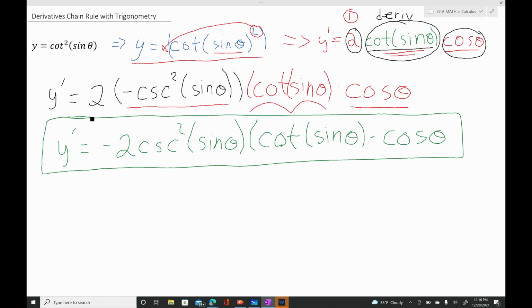This problem is very tough because you're taking the derivative of something multiple times, and it's not very obvious either. So if you get stuck, try replaying this video. The explanation is to the best of my ability.